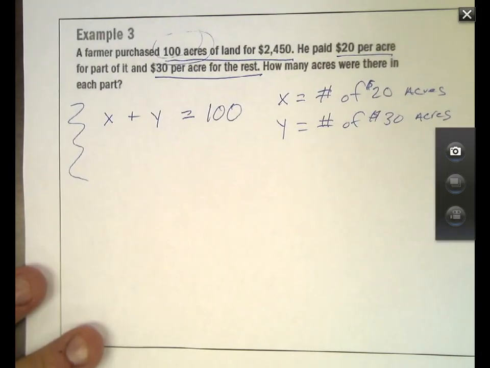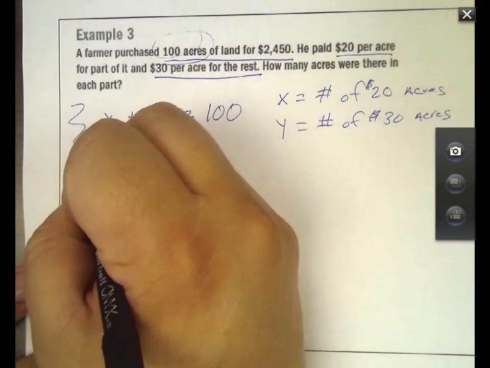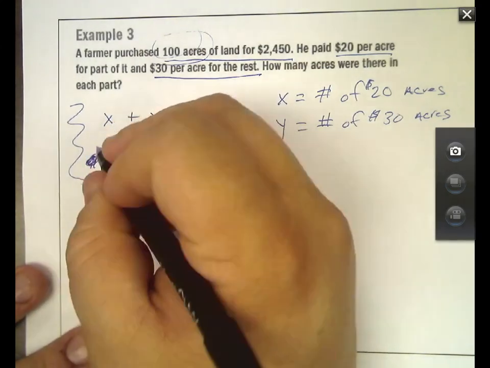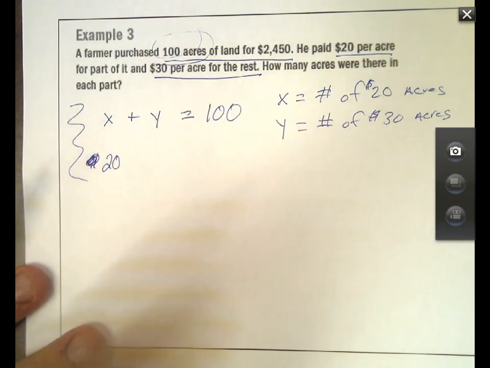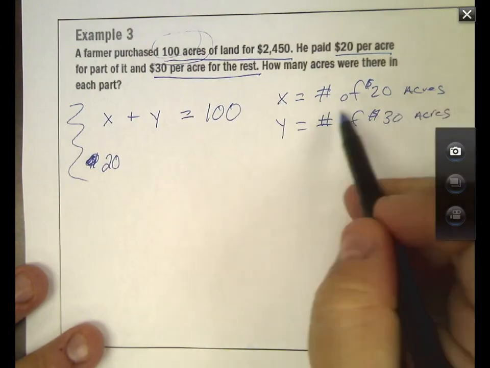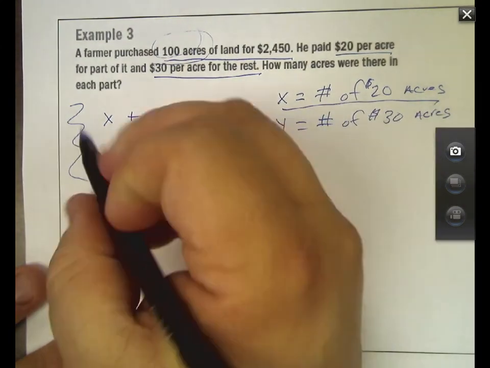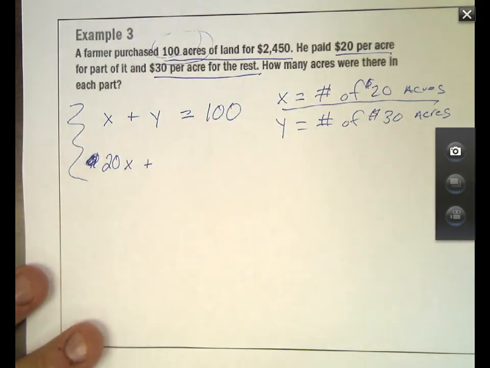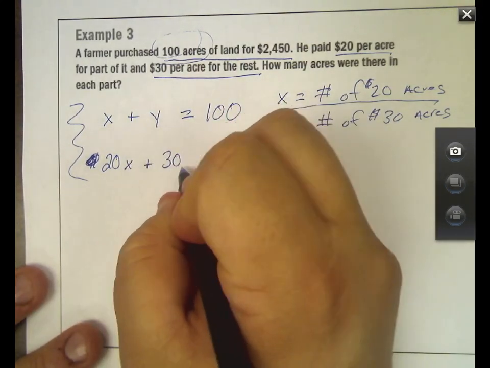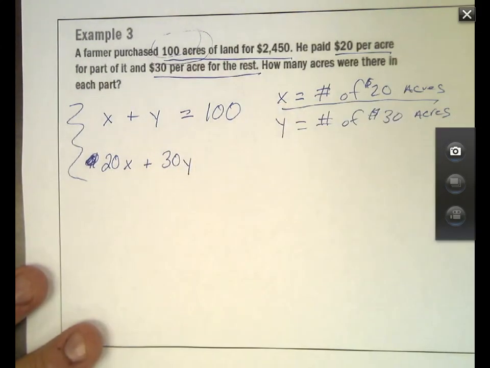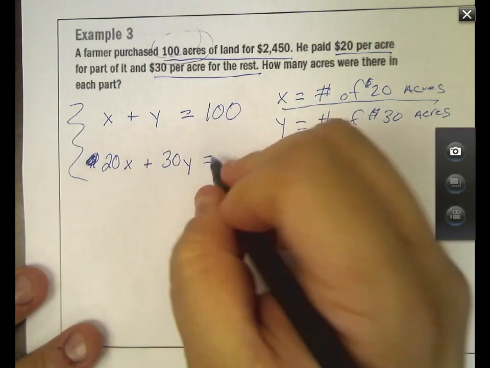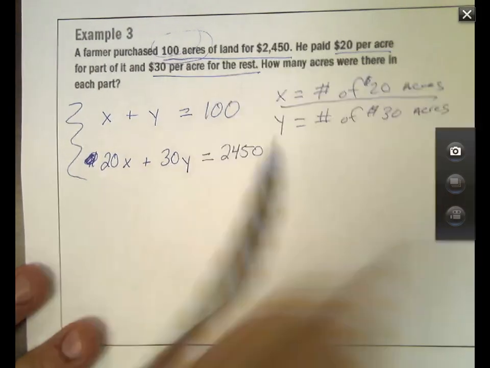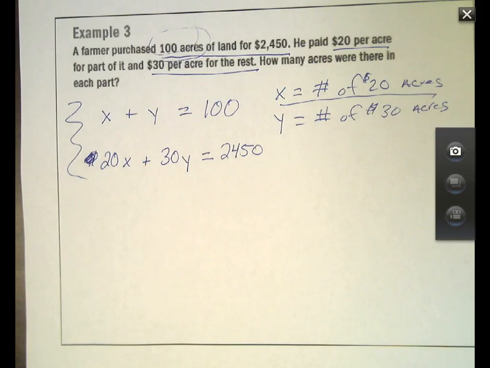My second equation is, he bought so many $20 acres. So that is 20 times, how many number of $20 acres did he buy? We don't know. That is our X. Plus our $30 acres. He spent $30 on every single Y acre. That total was $2,450. Okay?